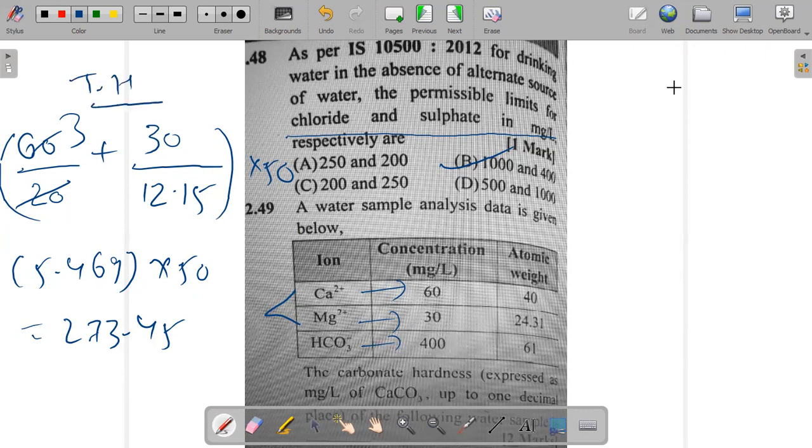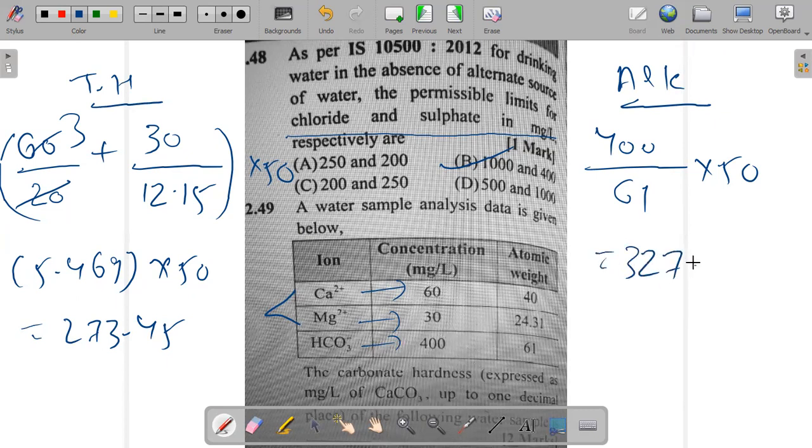Let's find alkalinity. So 400 divided by 61 by 1, into 50. So 400 divided by 61 will get 6.55 multiplied by 50, we'll get 327.86.